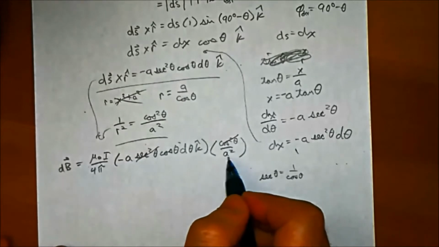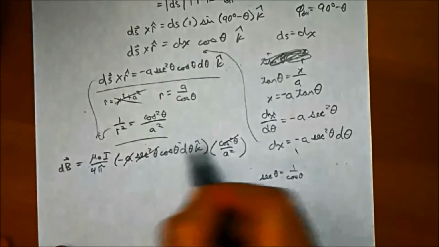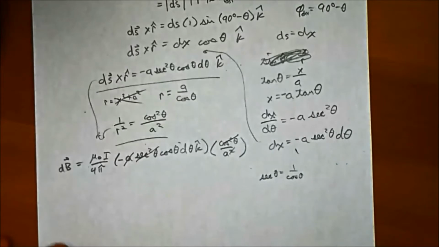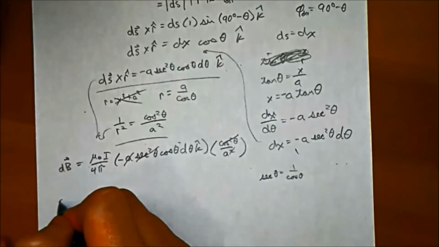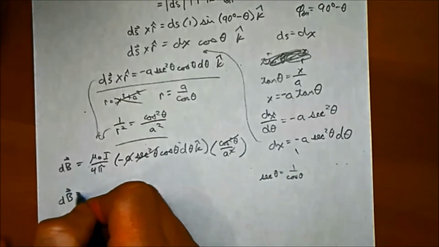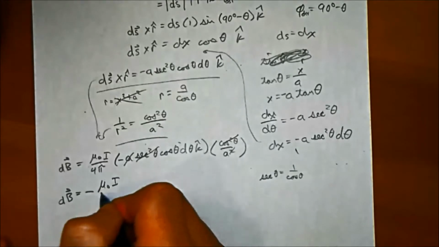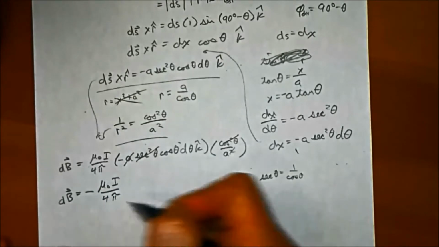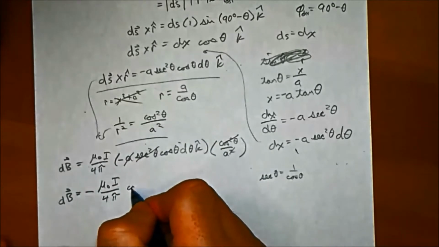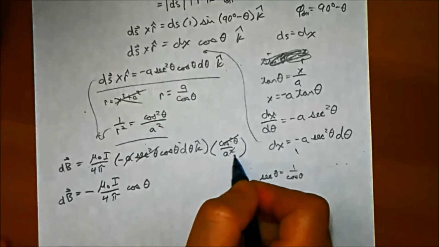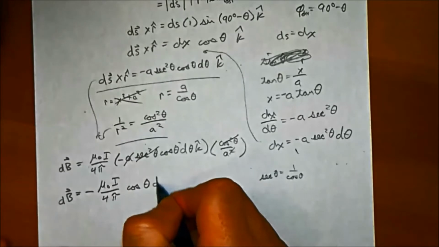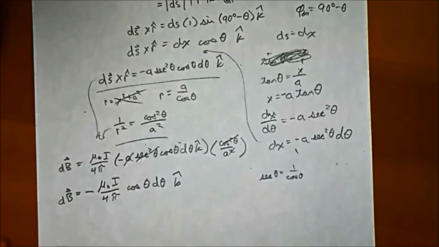You can move that out. And one of this a cancels, and this exponent is reduced by 1. So dB then is equal to negative mu naught I over 4 pi times cosine of theta d theta k hat.